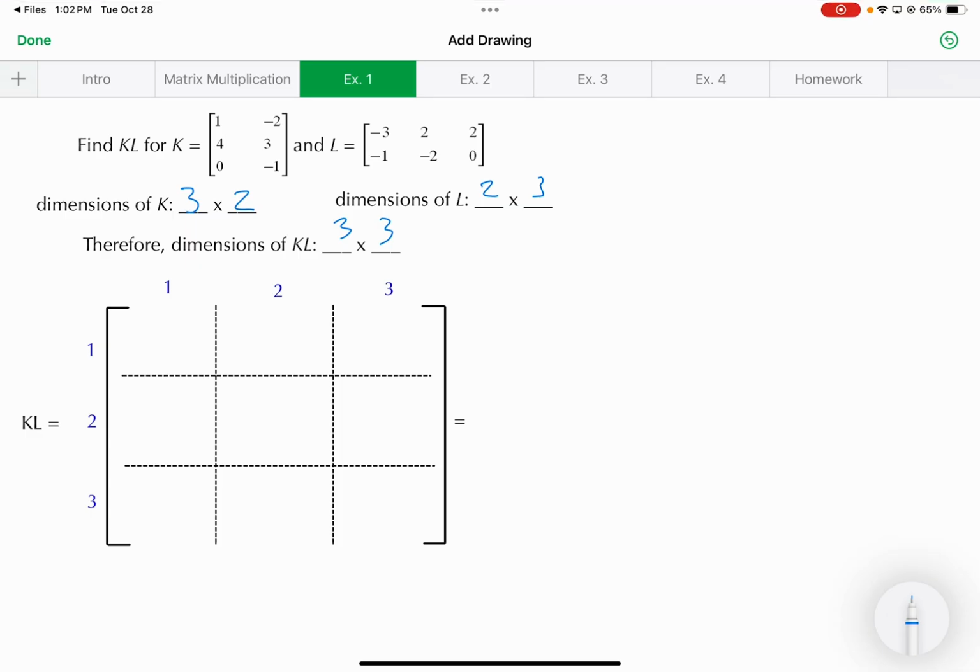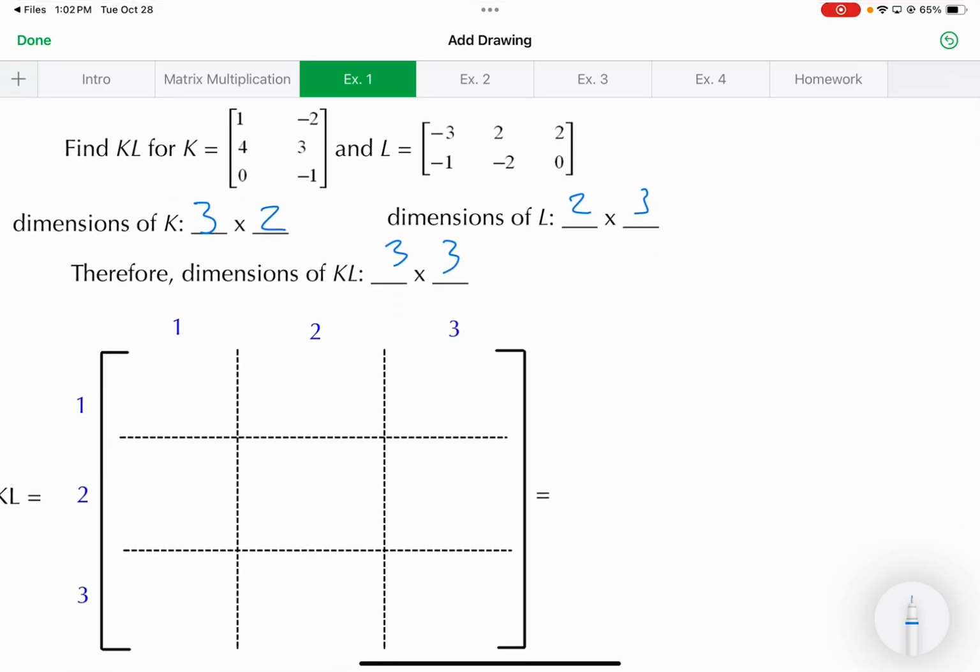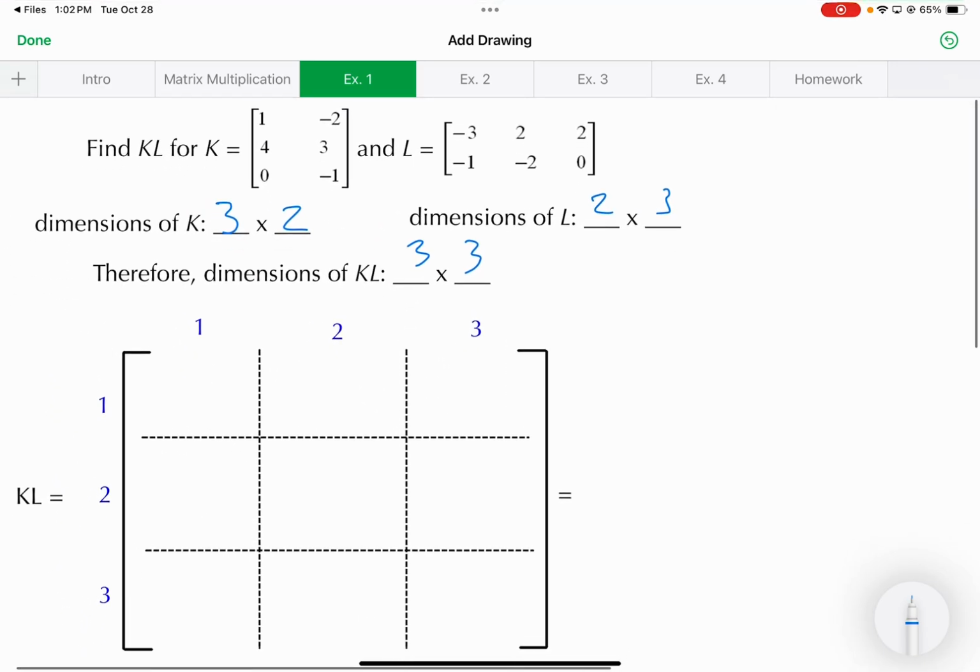Okay, so now comes the part where I actually do the multiplication. In my first cell, essentially what I'm going to do is, again, left to right, top to bottom. So I need to focus on the first row in my first matrix, the matrix that's listed first, the K in this case, and then I need to interact with the entries in the first column of my second matrix. Does anybody remember what I do with those numbers? You multiply.